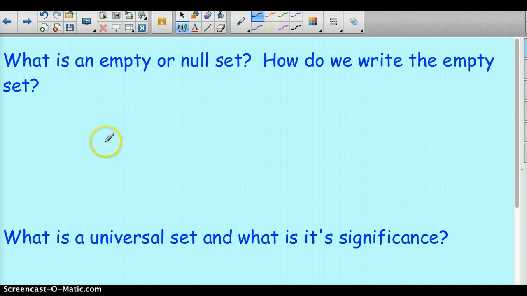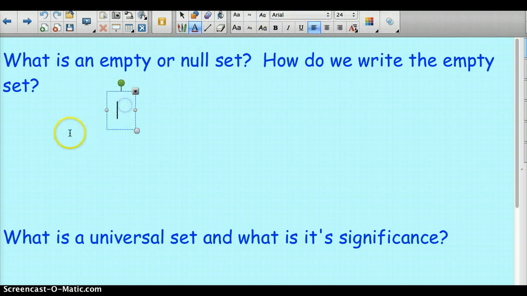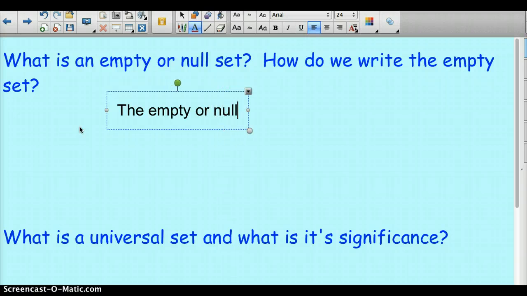We've got the empty set or null set. The empty set or null set is the set that contains no elements.